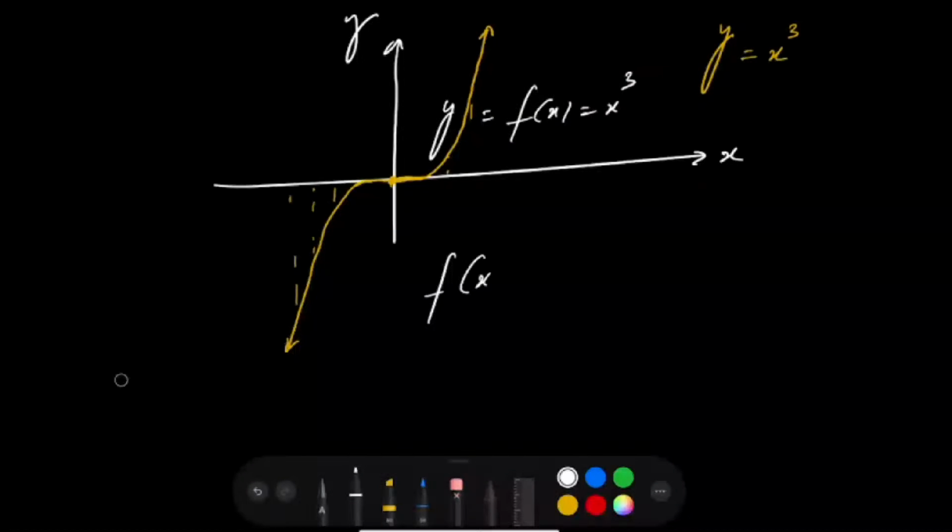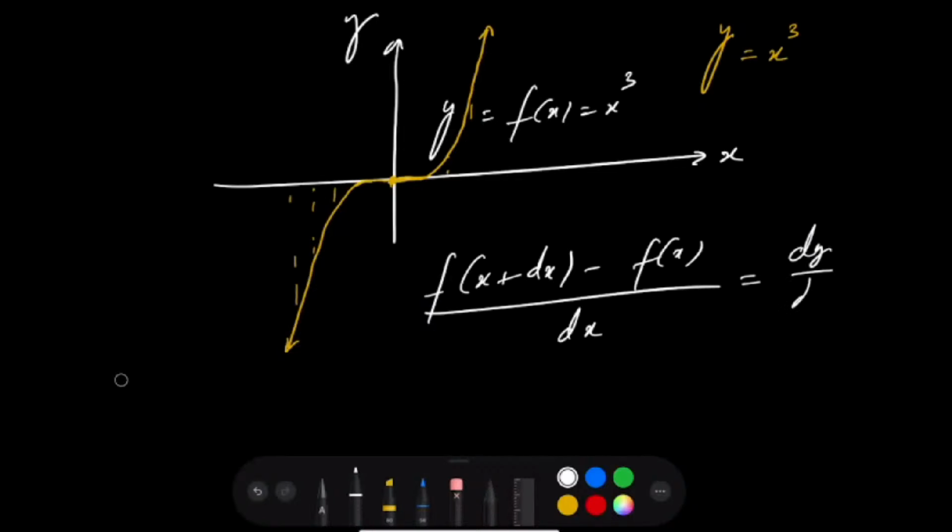It is f of x plus dx minus f of x by dx, which is equal to dy by dx. This is the change in value of y, f of x plus dx minus f of x, and the change in value of x is dx. So this is the fundamental theorem of calculus.